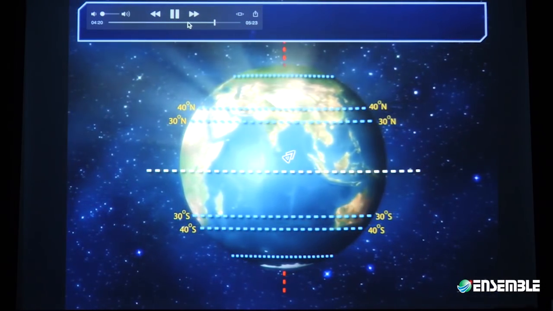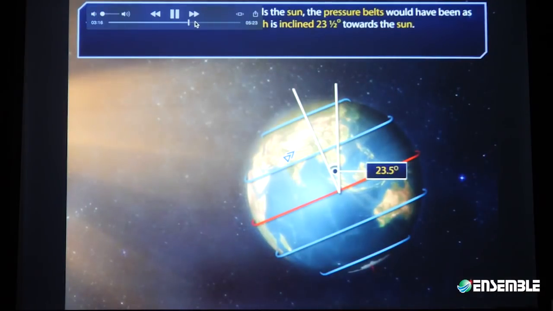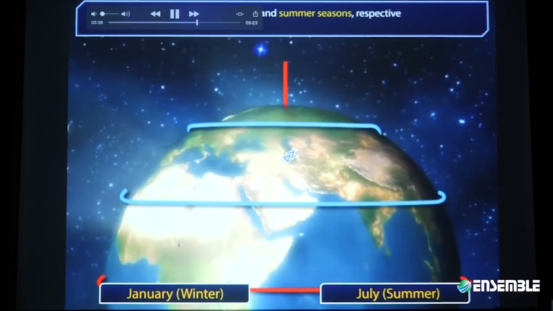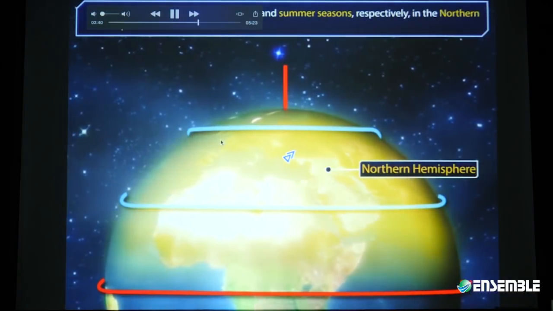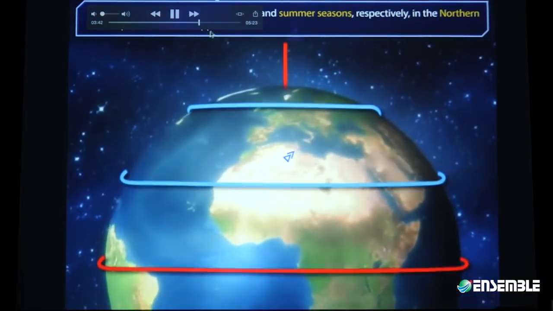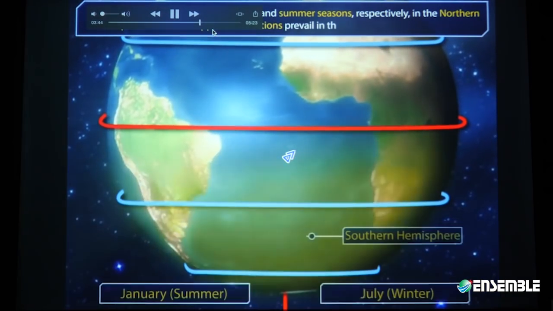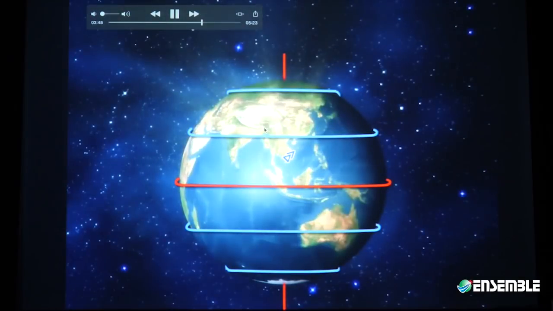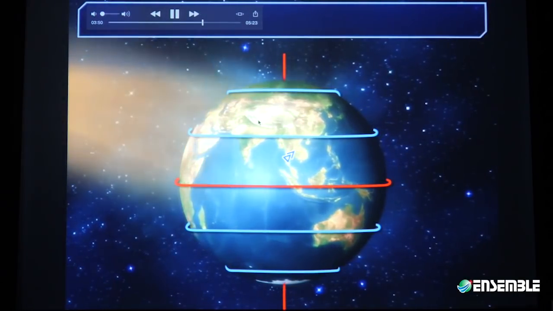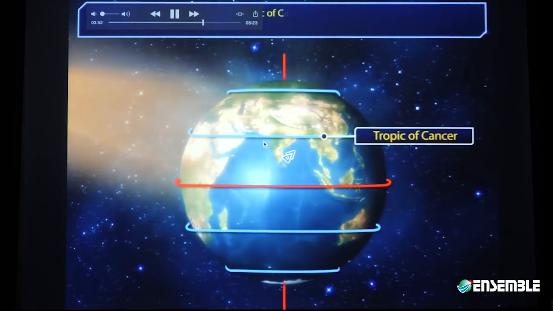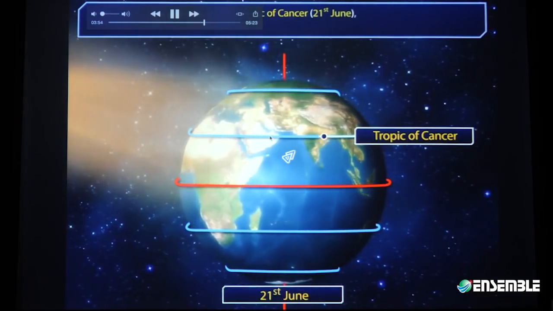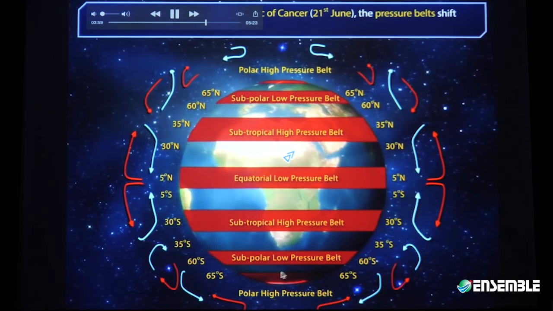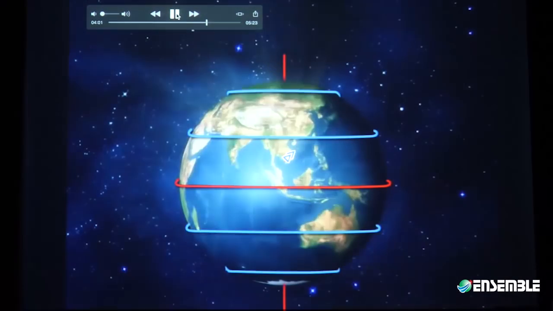Now you can take a look once again at how it shifts northward and southward. This is January, and the winters are in the southern hemisphere at that point of time. So when the sun is shining vertically on the Tropic of Cancer, the whole of this pressure belt has shifted northward.